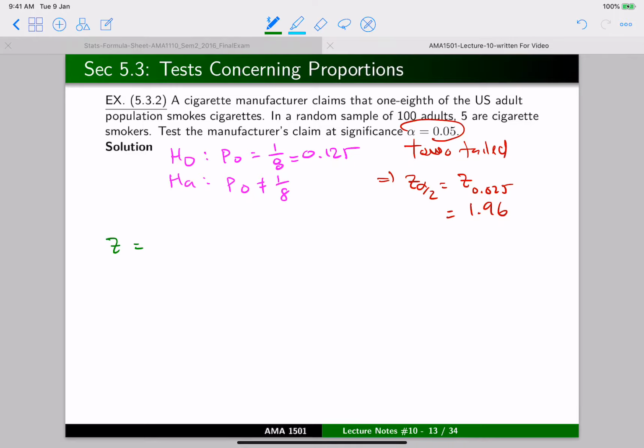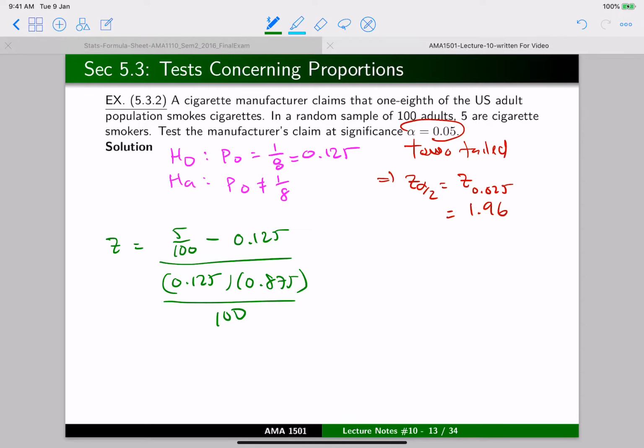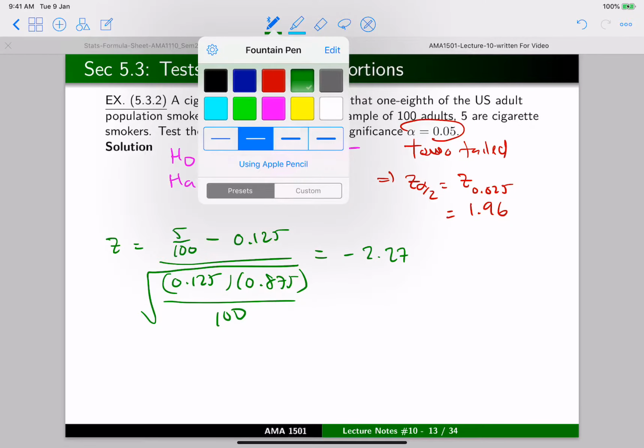Sample proportion: 5 out of 100 were sampled to smoke, minus 0.125, divided by the square root of the population proportion times 1 minus the population proportion divided by the number sampled. We put that into our calculator to get minus 2.27.